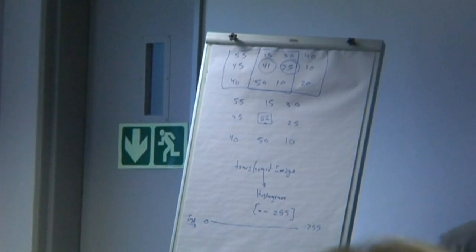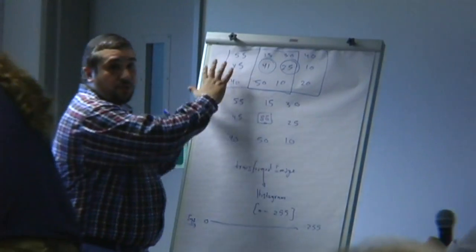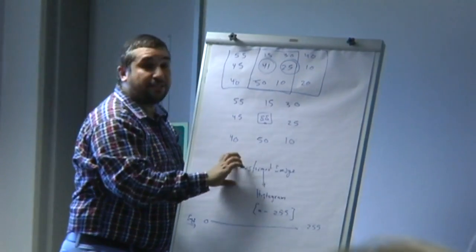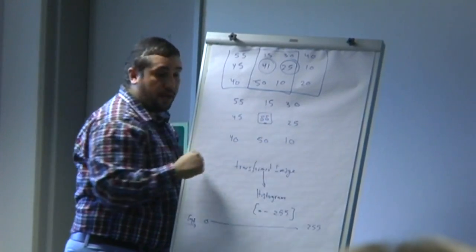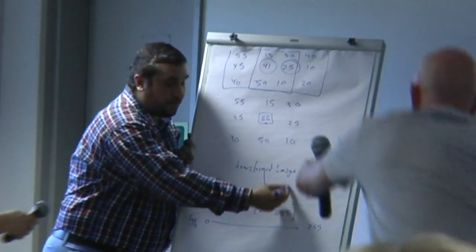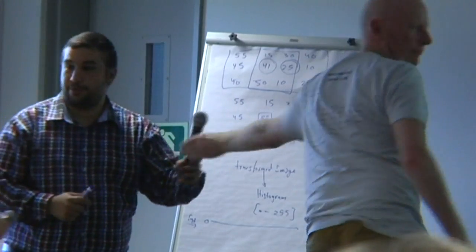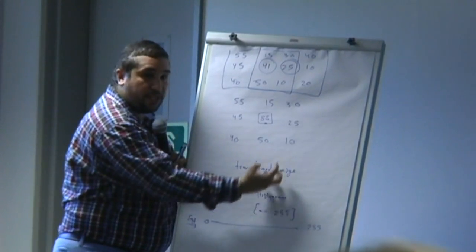Okay, so after you've done all your scan, then it's the middle one of the last square. After I do the whole scan, I will have a transformed image, because remember, we always change the center. Then after I have the transformed image, I extract the histogram.